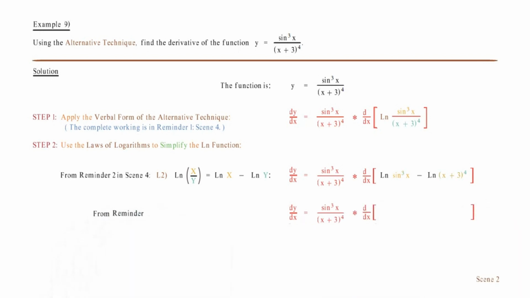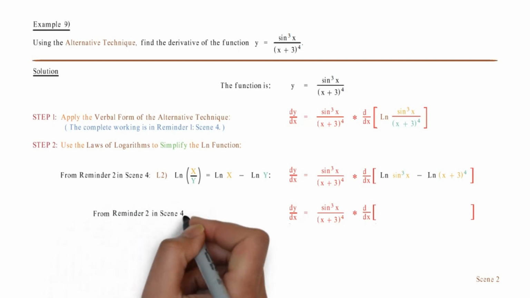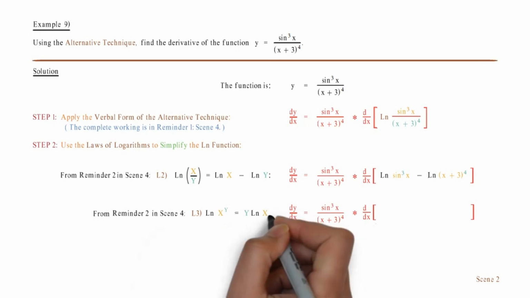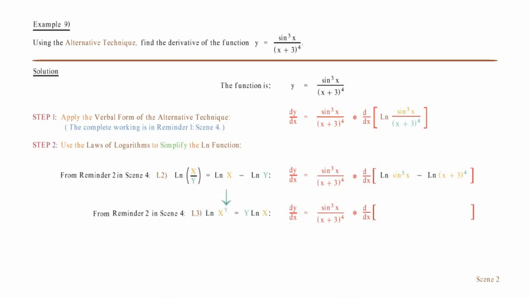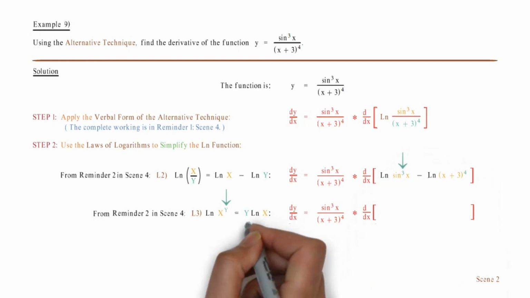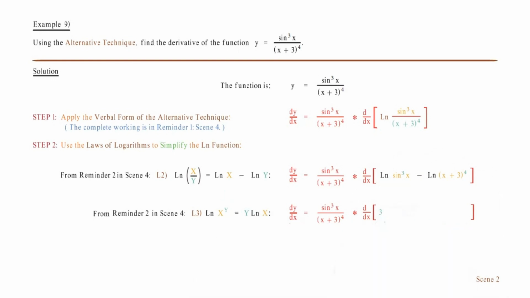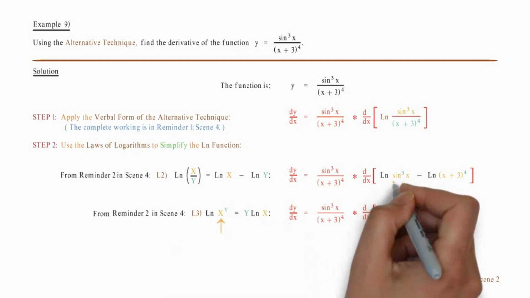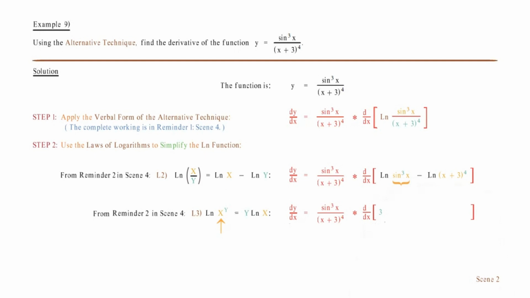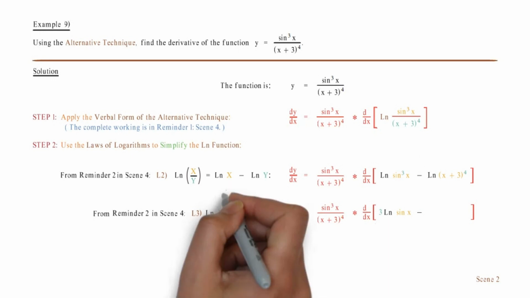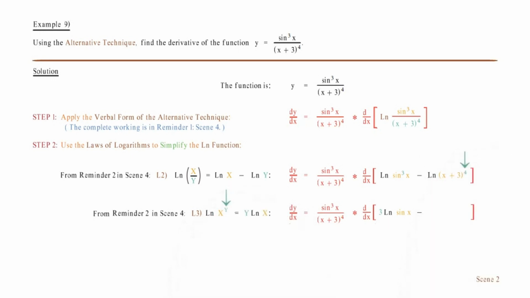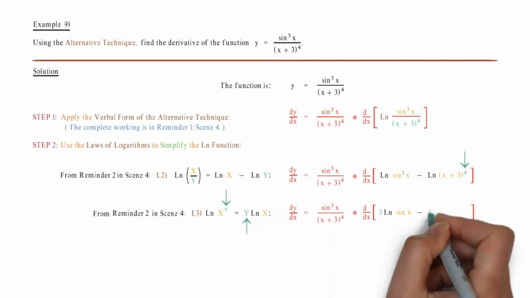From reminder 2 in scene 4, since y is 3, replace y with 3. Since x is sine of x, 3 times ln of x is 3 times ln of sine of x. Minus is minus. Since y is 4, replace y with 4.